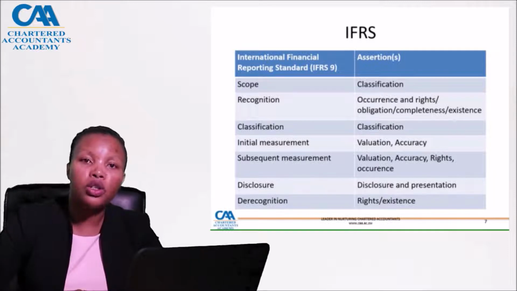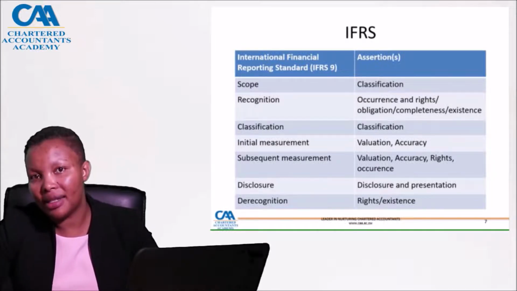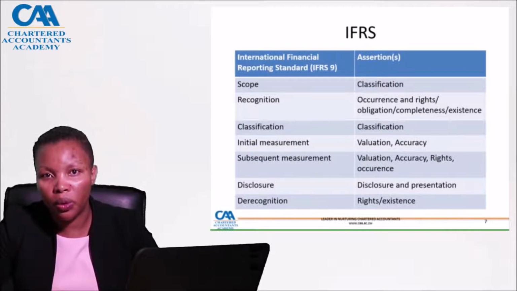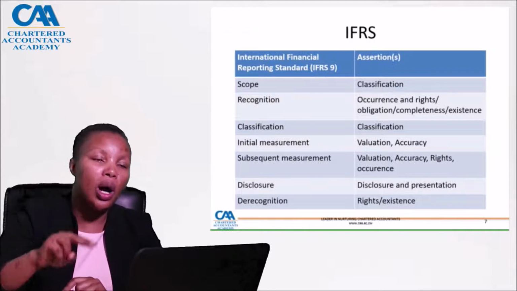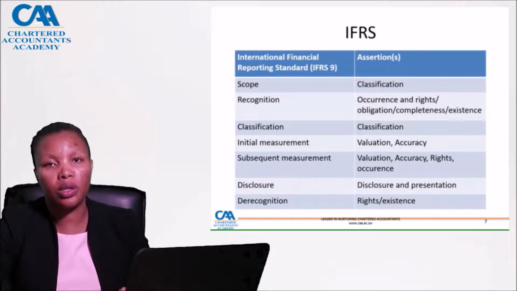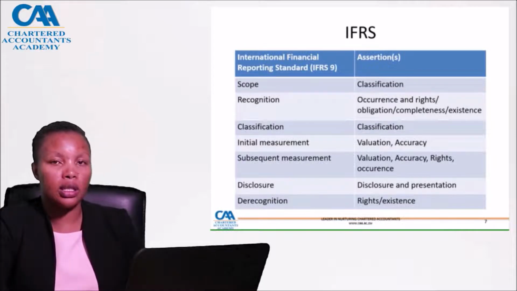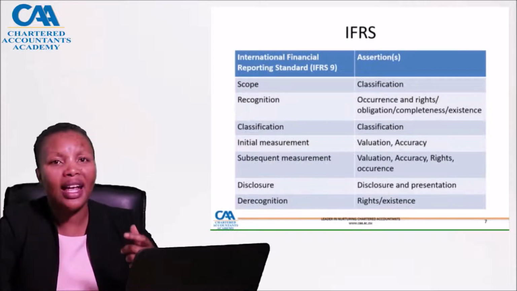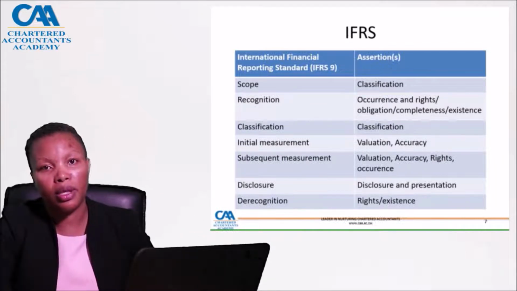And again, we go back to rights. Do we still have the rights? Is it still existing? And the answer will be no, because we've de-recognized. So that is the link between your assertions and your accounting treatment. So when you're formulating your substantive procedures, you then need to say, where exactly is my risk? Is my risk under initial measurement?